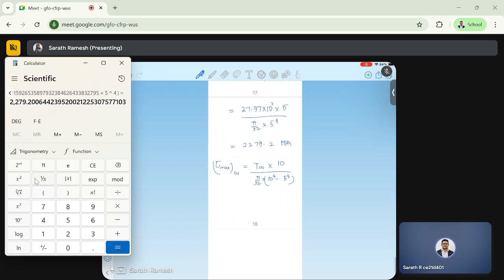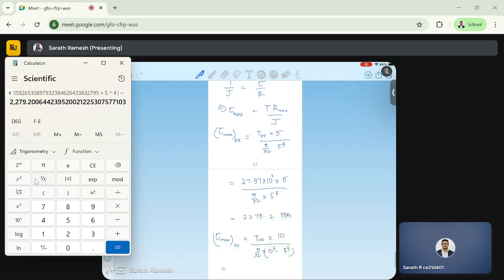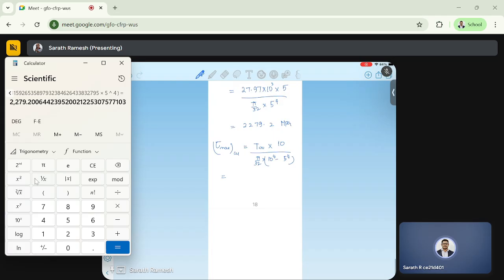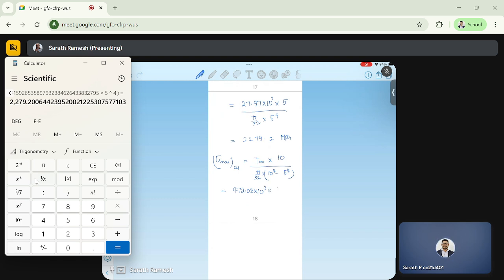So this will be the copper 472.03 times 10 power 3 into 10 into 32 by pi into 10 power 4 minus 5 power 4, which is 472.03 into 1000 into 320 divided by pi into 10 to the power 4 minus 5 to the power 4.